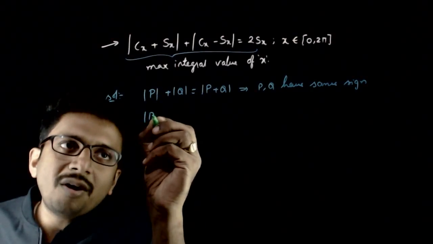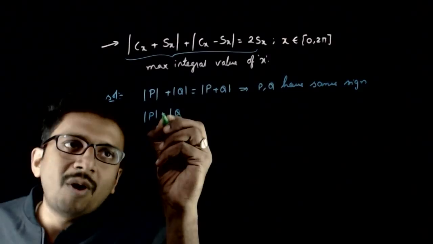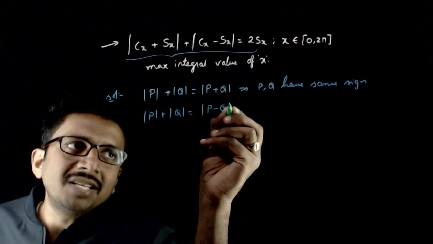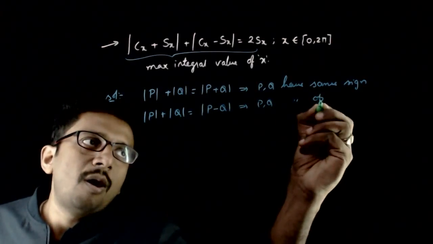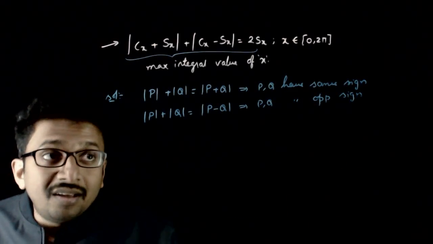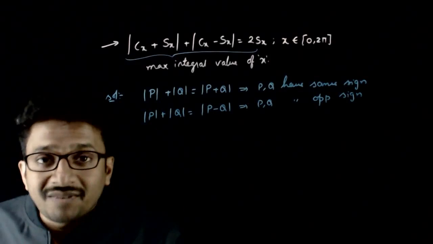Similarly, if mod of p plus mod of q is equal to mod of p minus q, that implies p, q have opposite sign. These are the statements that you have in the theory of modulus functions.